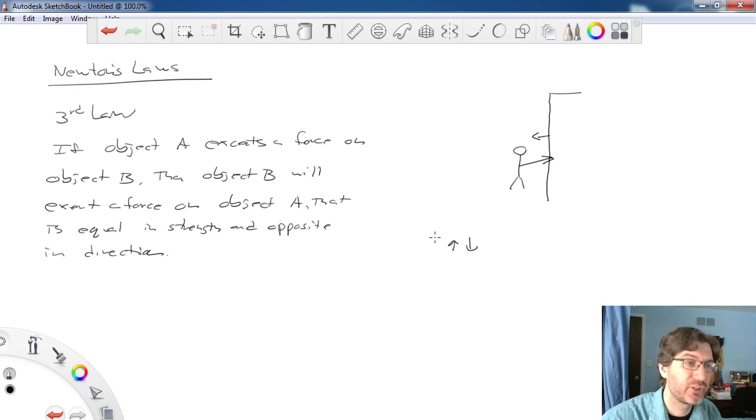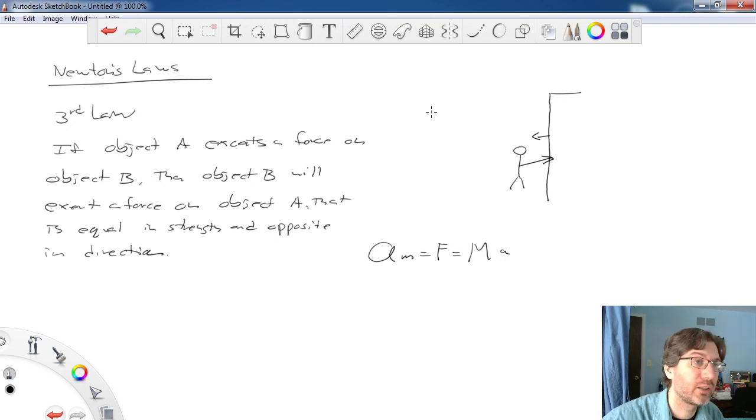It actually accelerates you upwards, not because its force is stronger, but because your mass is less. The forces are equal, so if my mass is small, then I have a large acceleration, versus a large mass, which has a small acceleration.